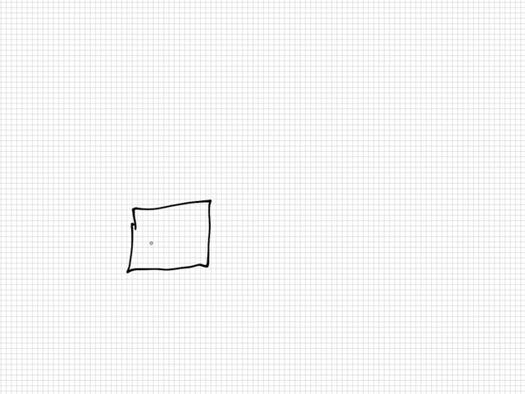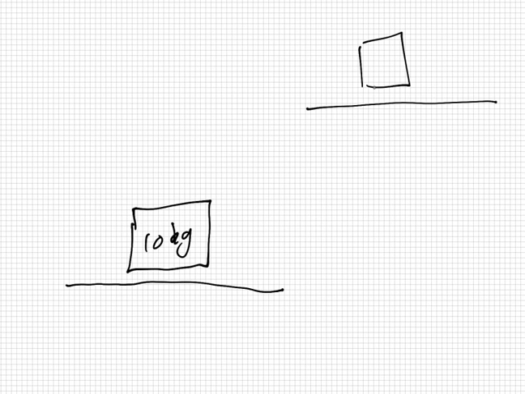So the box here is on the ground. What did I say was 10 kilograms. Later, the box is up higher, 2 meters higher, yes? Still 10 kilograms. The energy here, does this have kinetic energy? Is it moving? No. Does it have potential energy?